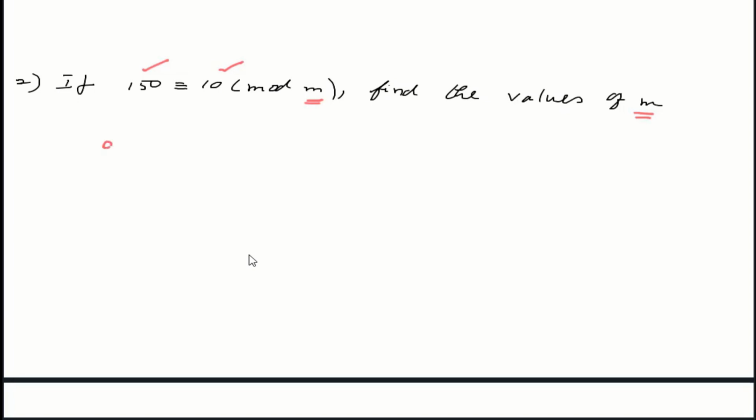So we know that a is 150, b is 10. So a minus b is 140. 140 is divisible by m. That is what is given to us, right?